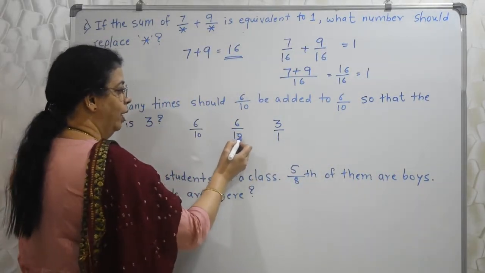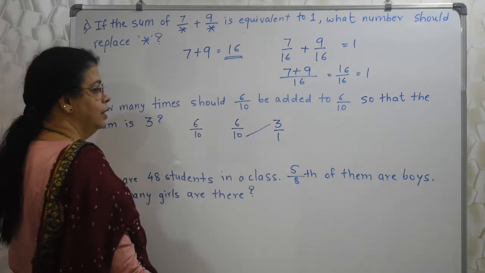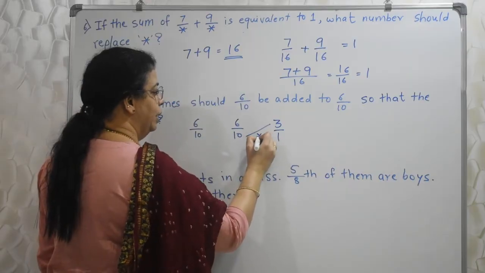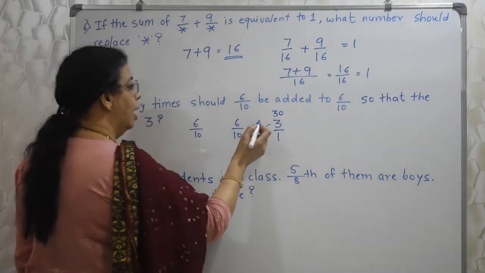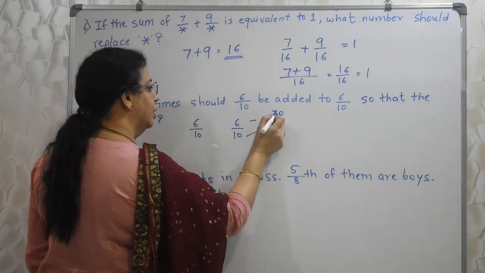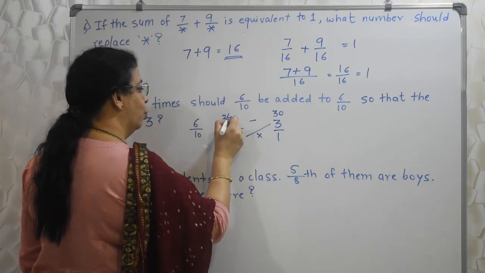Begin with the middle one, multiply with 3. So answer is 30, right? Multiply kiya toh answer kya aaya? 30, right? Now then you minus 6 from this 30. 30 minus 6, what is the answer? 24.